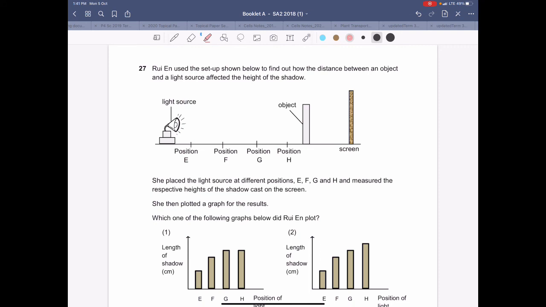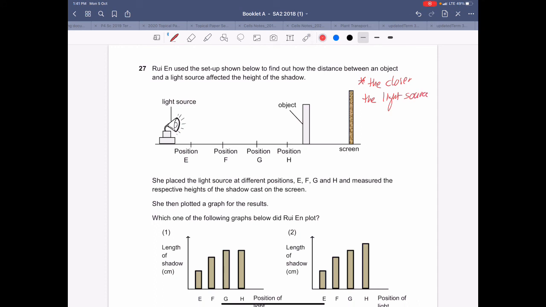So we need to remember this, that the closer the light source is to the object, the taller the shadow.